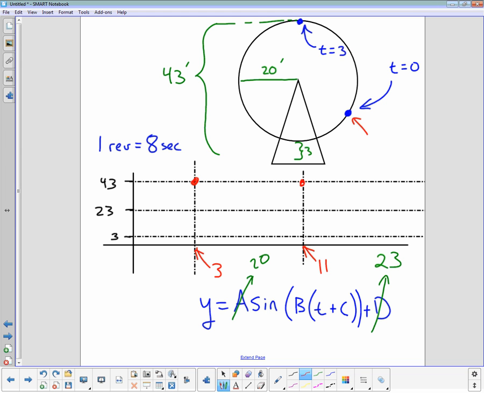Wait a minute, there's something goofy with my wave. What trig function starts at a maximum? Cosine, which means I don't want sine, I want cosine. I could then, with sine, build the wave.